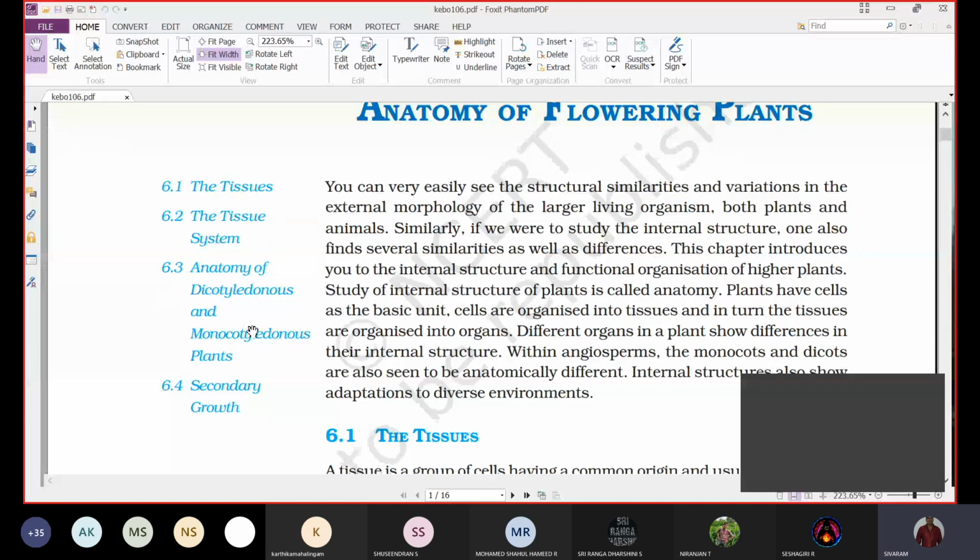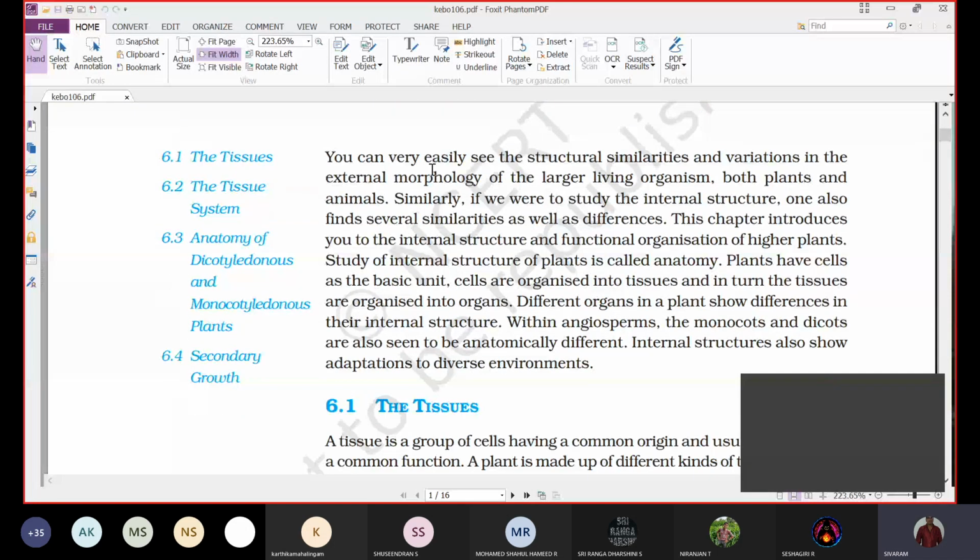You can very easily see the structural similarities and variations in the external morphology of larger living organisms, both plants and animals.